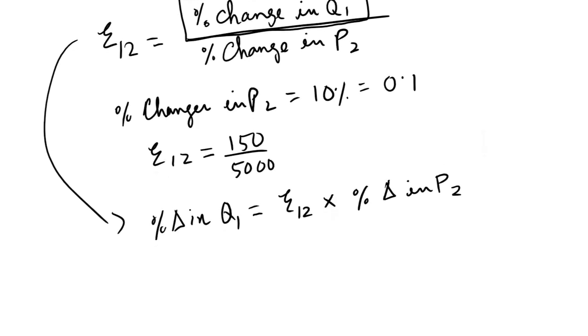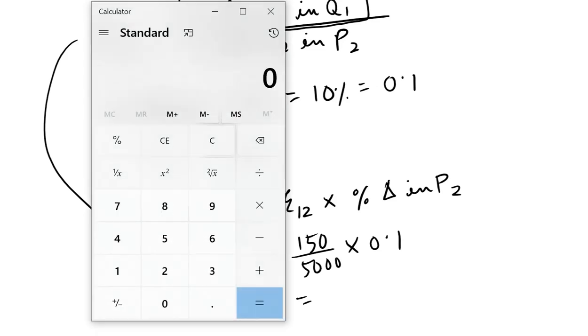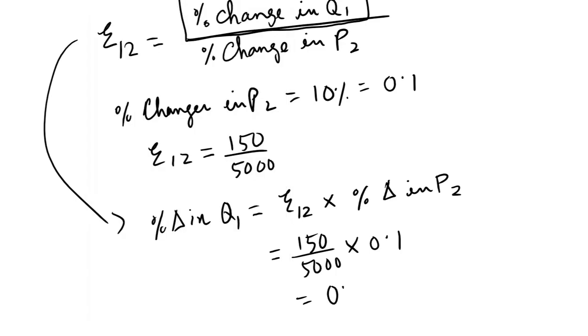So if I just multiply these two numbers, 150 by 5000 times 0.1, my bad, times 100, is 0.3%.